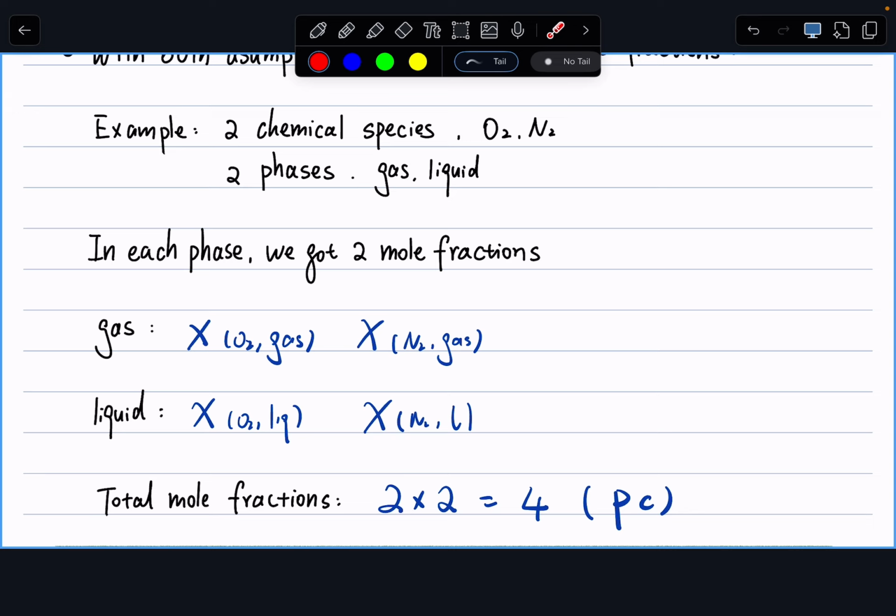That's the first. The other one is sort of more straightforward, right? So the total mole fraction of your oxygen and nitrogen in the same phase will always add up to be 1.